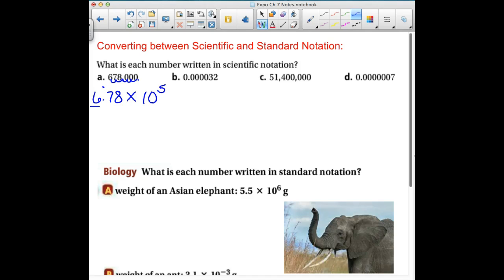Okay? Question B, notice, is a very tiny number. So our decimal has to move. Again, we can only have one non-zero digit before the decimal point. So we need our decimal point to be between the 3 and the 2. So we're going to have 3.2 times 10 to some power. Now, with a tiny number, we are actually having to move that decimal to the right to rewrite it in scientific notation. 1, 2, 3, 4, 5 spaces to the right.